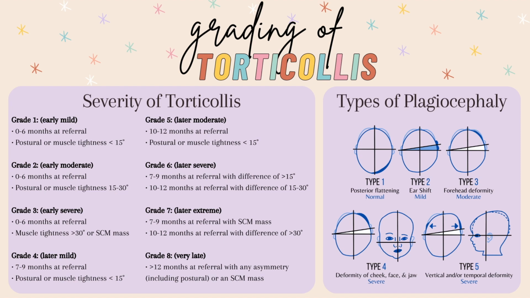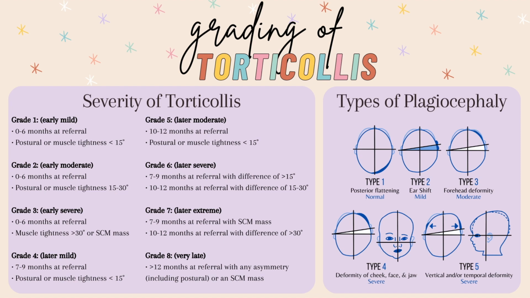Types of plagiocephaly. There are 5 different types. Type 1 is the least severe, with the posterior flattening we talked about earlier. That will be the first thing you see with torticollis, the posterior flattening on the side of rotation.